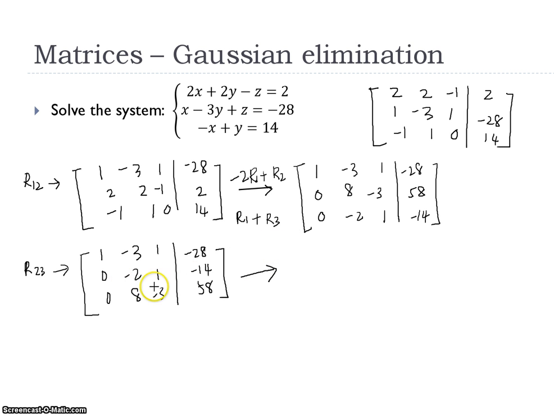So for row 2 here, we will multiply by 4, we will get negative 8, then we sum to row 3, so we will get 0 here.